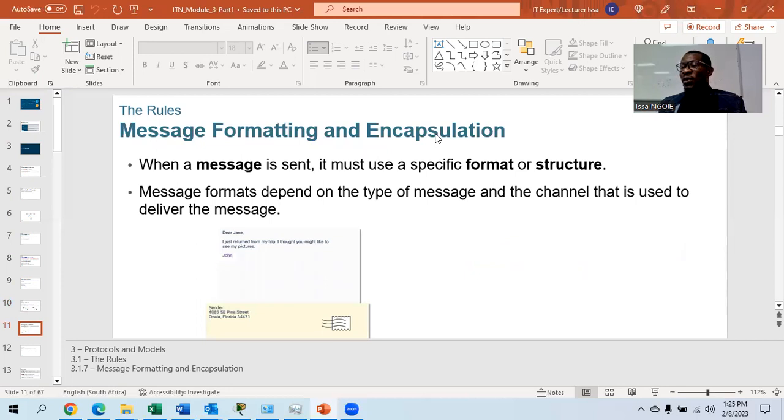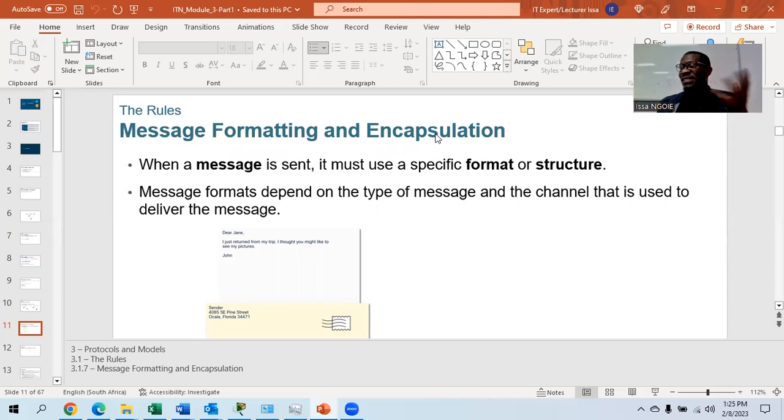Number 2 is what we call message formatting and encapsulation. So your protocol can encode and decode messages. Your protocol can format messages and encapsulate messages, right? You know, when you are sending your friend a message, your message must follow certain format or structure in order for your friend to understand it. Because if you type it wrongly, your friend will never understand the meaning of your message. Same as the computers, same as the devices.